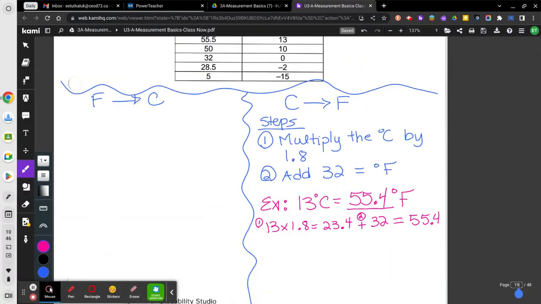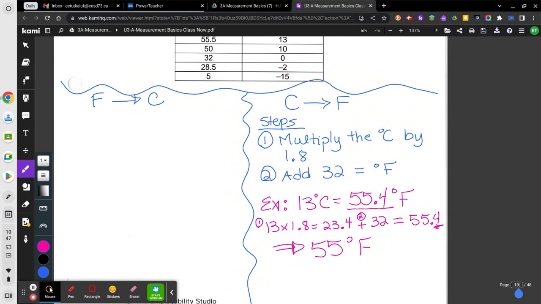If it's a 4 there, it's going to round to 55 degrees because that 4 doesn't make it round up to a 5. Okay. So we're just going to leave it. Our answer would be 55 degrees Fahrenheit. Because the 4 doesn't make it go up. Okay. It stays the same. So we would just take the numbers off the decimal because it wants a whole number.